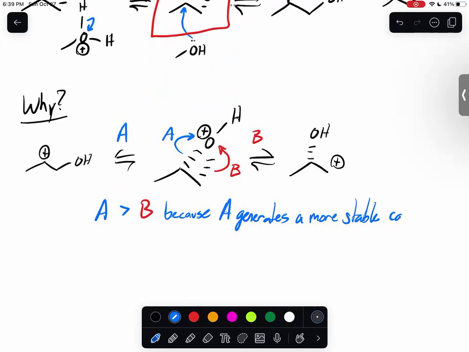Here's the thing, though. We know it doesn't go through this. What happens instead is the molecule itself recognizes this and it actually elongates the bonds, right? So the bond length changes when you protonate the epoxide.